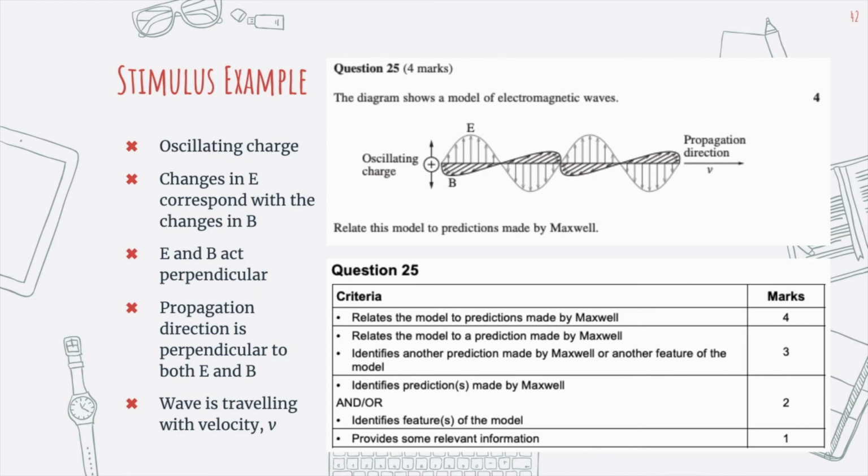We see by going down into the 3 and 2 and single mark categories, we just decrease the detail of our answer. So to drop down to a 3, we only relate one prediction made by Maxwell.